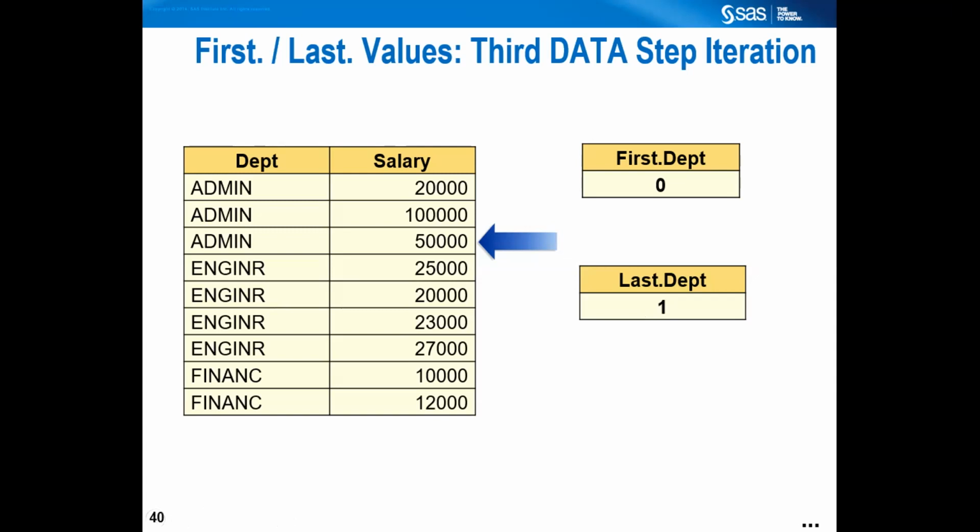Okay, so now just understand this concept. How we are going to use it, how it benefits you, and how it will process your data, we'll see later. But at this point, just understand that whenever you write a by statement in your data step, always make a note that by default in the PDB there are two temporary variables created, which are first dot by variable and last dot by variable.